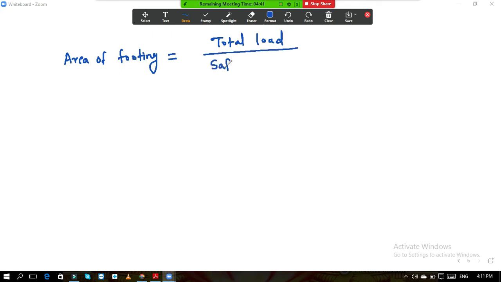The formula for that is, write down this formula: area of footing is equal to total load divided by safe bearing capacity. Total load divided by safe bearing capacity. Okay, if you do this calculation, you will get the area of the footing.